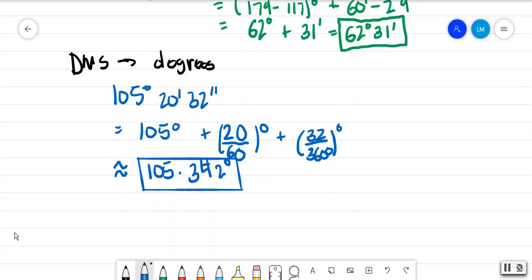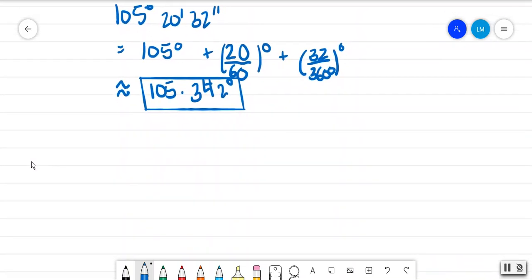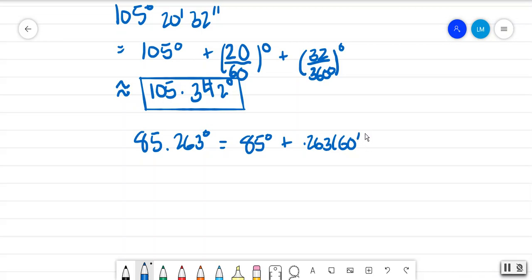Now, another thing we can look at is, what if you had an angle measure like 85.263 degrees, and you wanted to convert this to degrees, minutes, and seconds? You have the 85 degrees plus, you take the 0.263 and multiply by 60 minutes.